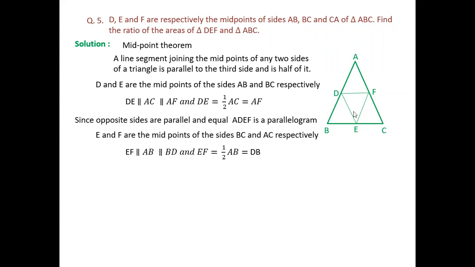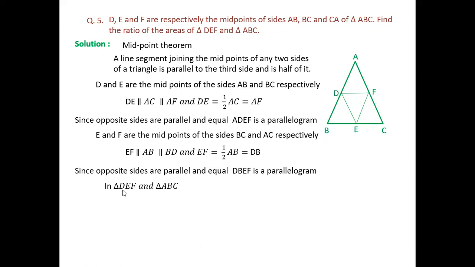And EF is half of AB, that means it is equal to DB, because D is a midpoint. So half of AB is nothing but DB. Since opposite sides are parallel and equal, DBEF is a parallelogram. So I got this as a parallelogram, and here I got this as a parallelogram.